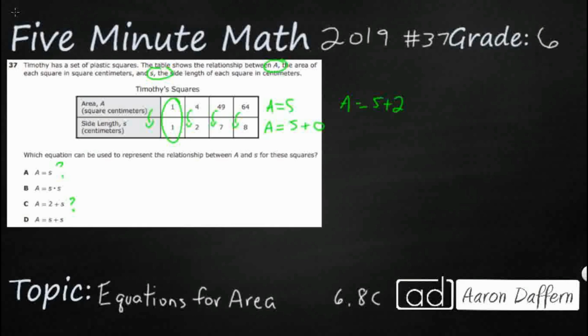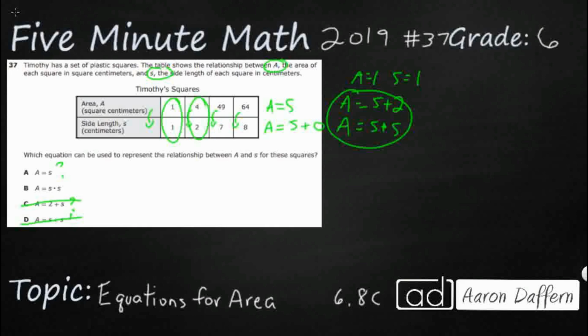And A equals S doesn't work for that first one either. Or I guess you can just double S. You can do S plus S. So that would make this one work. But obviously, these two do not work with A equals 1 and S equals 1. So that's not going to work.